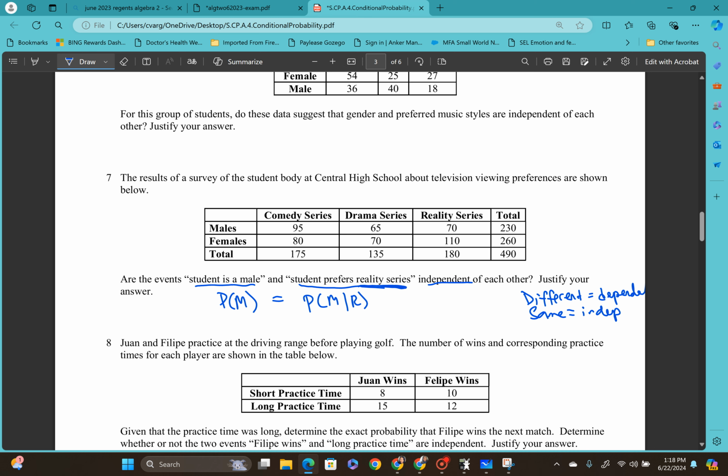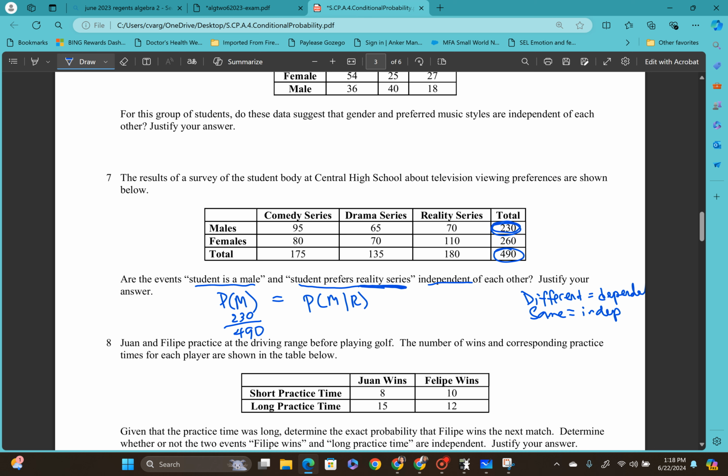Cool. So, what is the probability of being a male? How many males do we have here? The total number of males is 230. So, I have 230 males out of the total population, which is 490. So that is the probability of being a male.